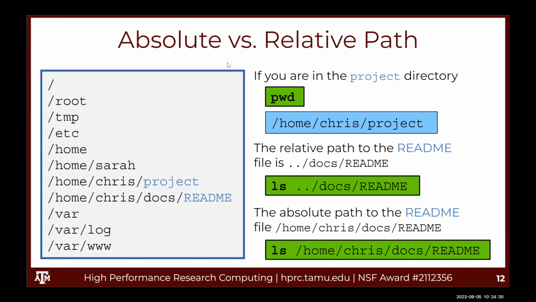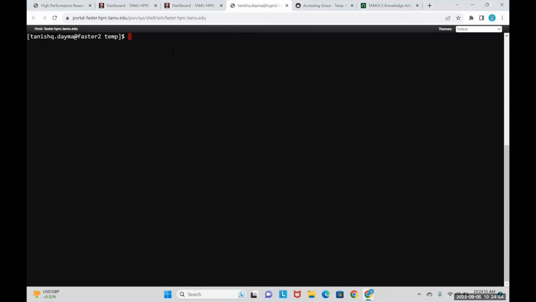Now, this is a small concept that I wanted to cover, absolute versus relative path. Since Linux is a tree structure, we have directories, and then we have directories inside them. So there is a chance that, let's say you are inside the projects folder and you want to see contents inside the docs folder.